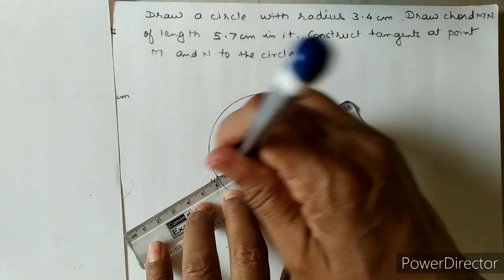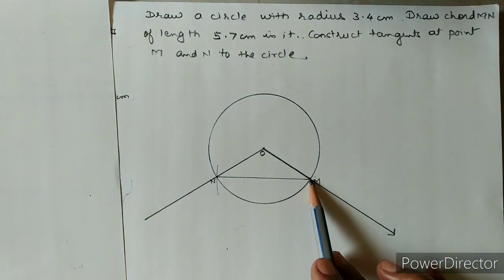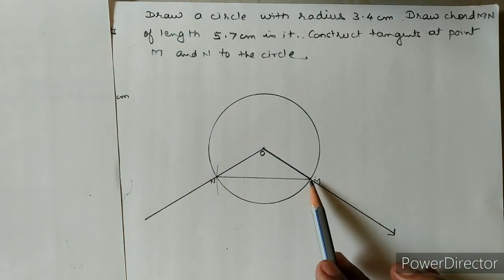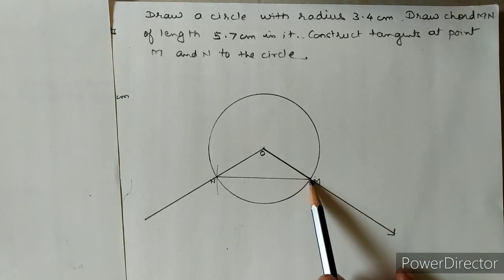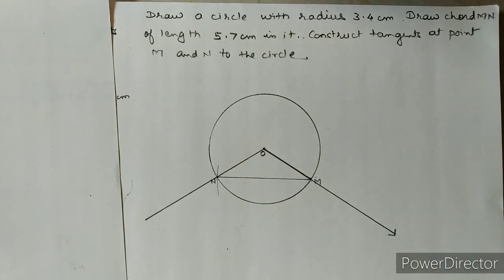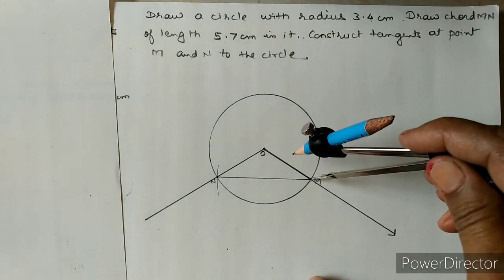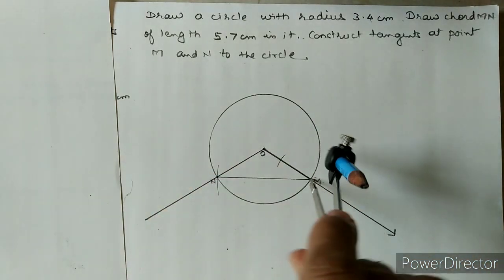This you have to remember that to construct a tangent at any point which is on the circle, you will draw a segment joining this point on the circle and center of the circle. Then placing steel tip here at point M, take distance less than radius, draw two arcs.